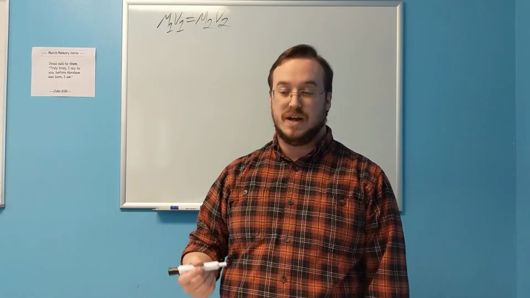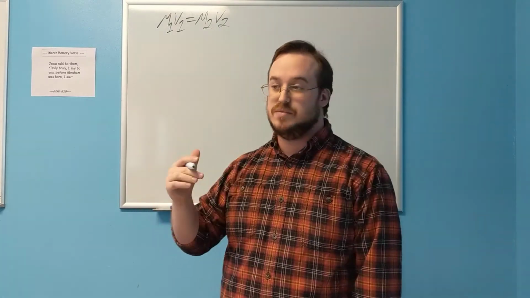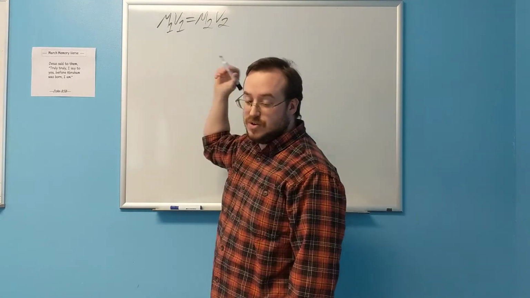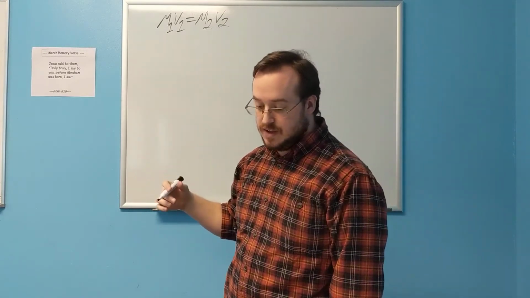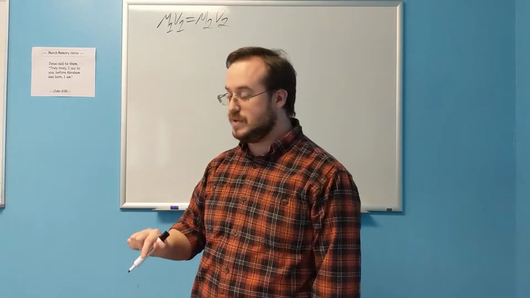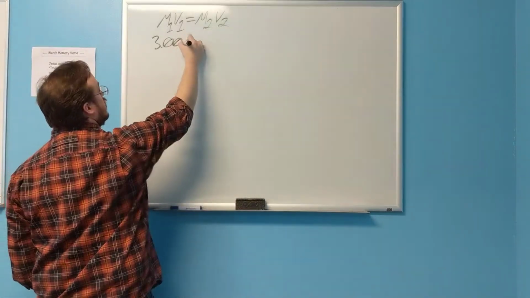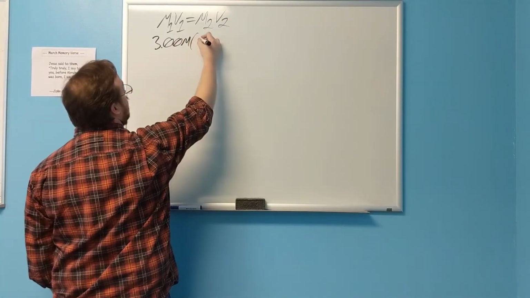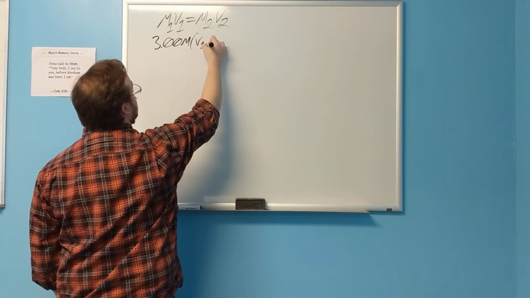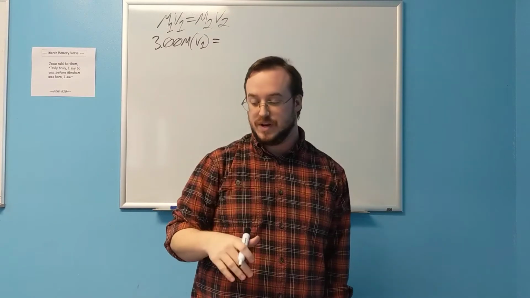So let's make sure we're getting our units straight and attaching them to the correct part here. So what we're starting with is, it says what volume of a 3 molar potassium iodide. So that's what we're starting with, this 3 molar potassium iodide, and we're solving for volume 1, because it asks how much of it are we going to use.